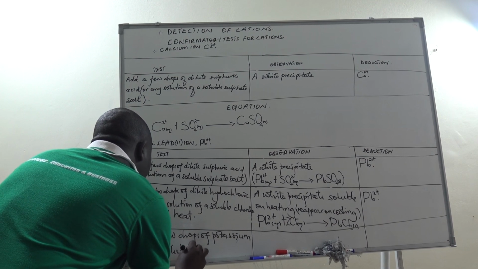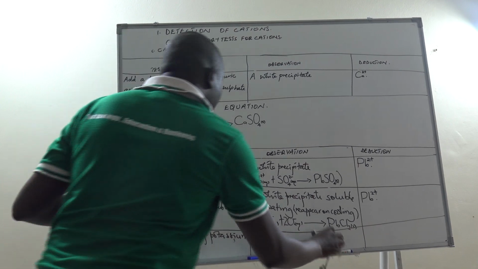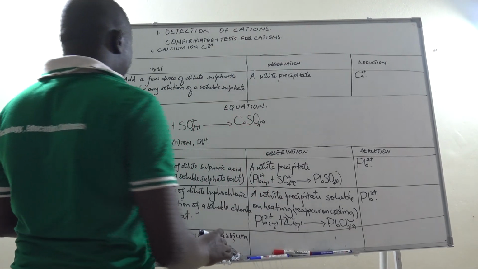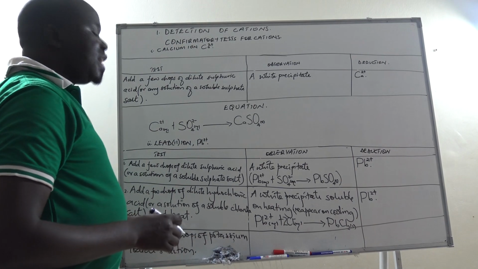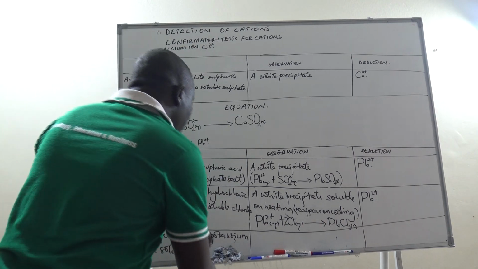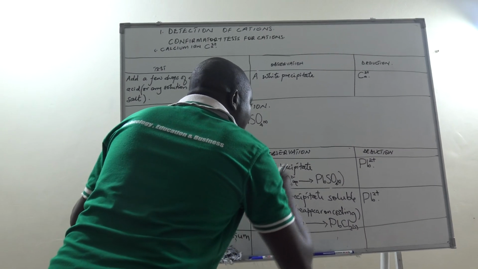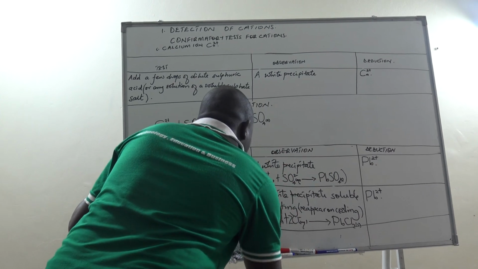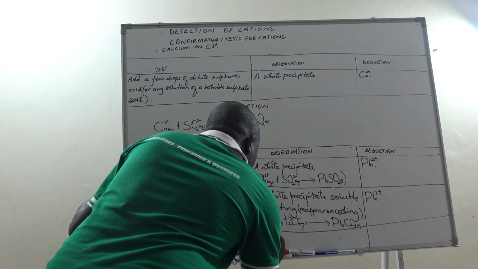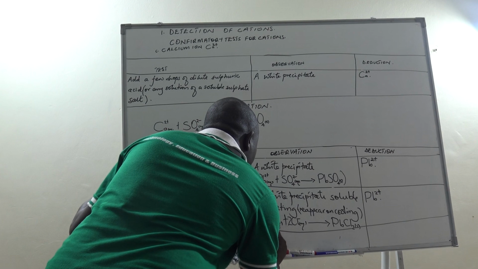In most cases they ask a candidate to carry out this test without being given the reagent. So you must know that I have to use potassium iodide solution if I want to confirm the presence of lead 2 ion. And in this case we get a yellow precipitate.